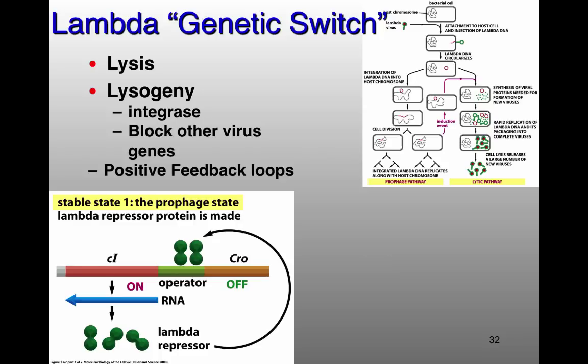The genetic switch, which is diagrammed up here, is the decision whether a virus, when it's infected a cell, is going to blast open the cell and make a whole bunch more virus, or integrate its genome into the host genome and just hang out.